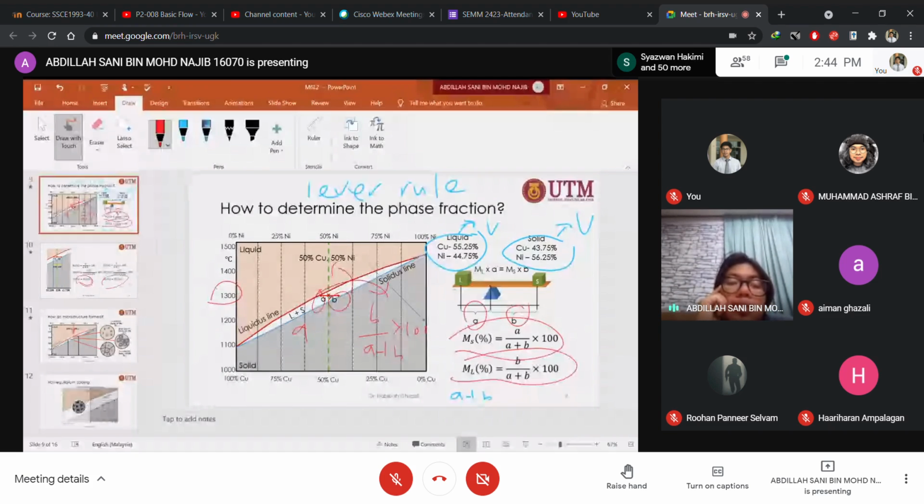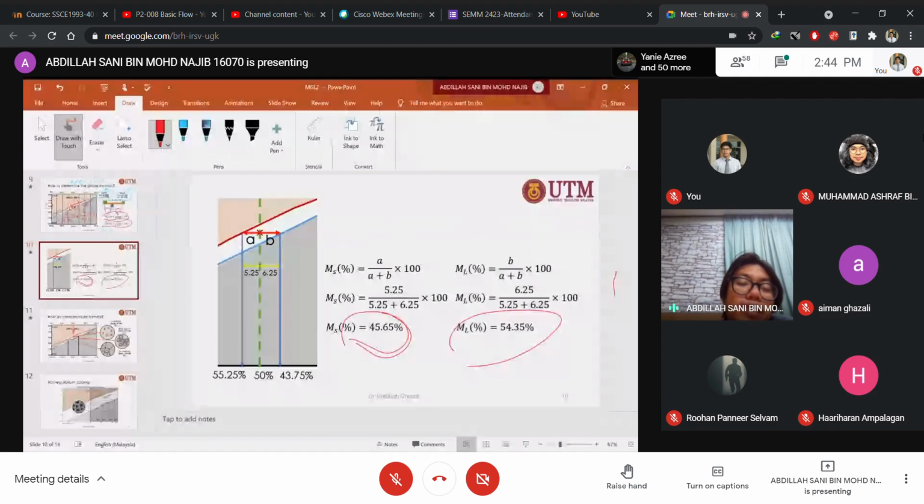So this is an example of the calculation. You can refer to the scale here and measure the length, and so you use A plus B, okay. For the solid is this way, liquid is this one.